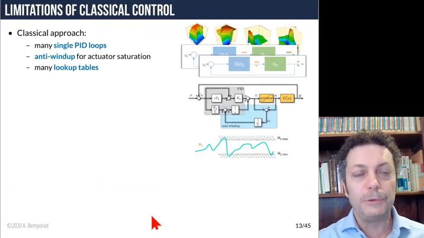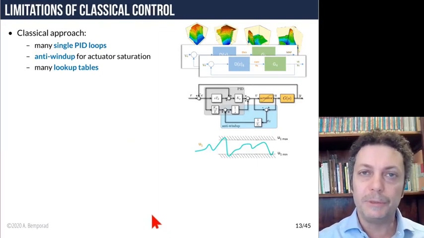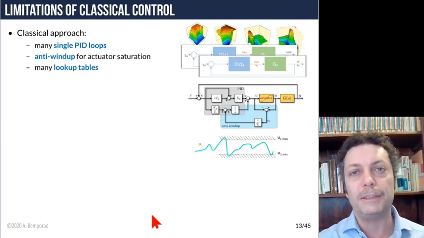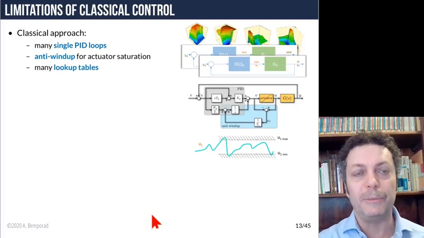So with classical control, you can achieve good results, and typically classical control is done with several PID loops with anti-windup to take into account actuator constraints, and also different lookup tables to compensate for the dynamic coupling between different loops and to optimize performance.